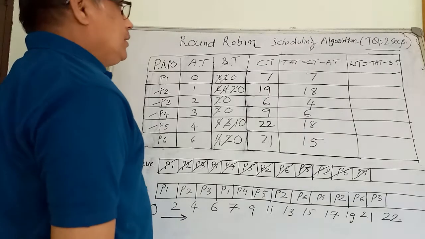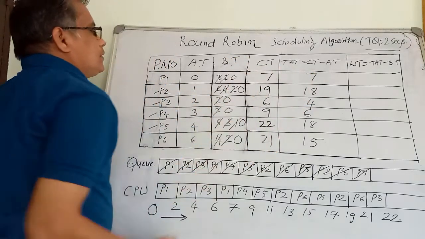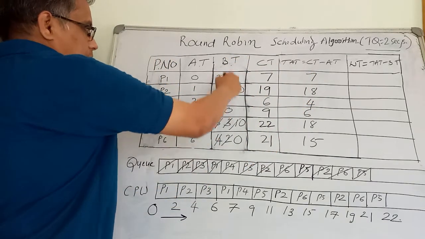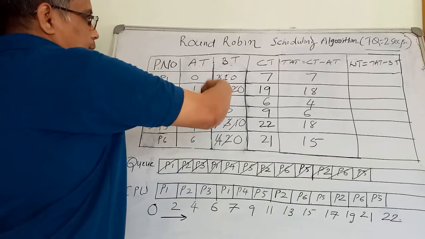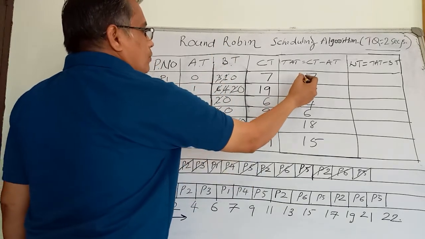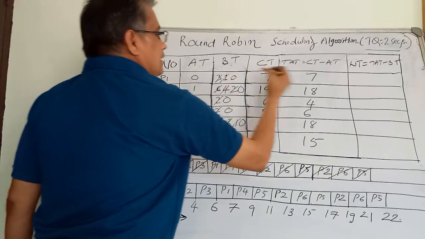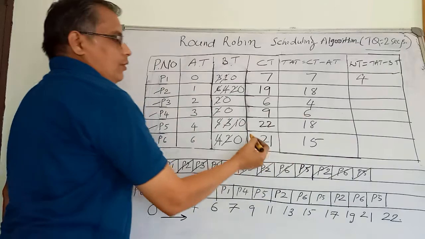Okay, waiting time is found out by turnaround time minus burst time. You have to consider the earlier burst time of the processes. Now turnaround time minus burst time. 7 minus 3 is 4.